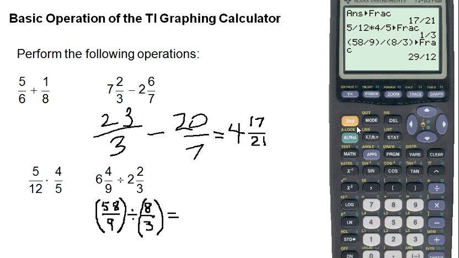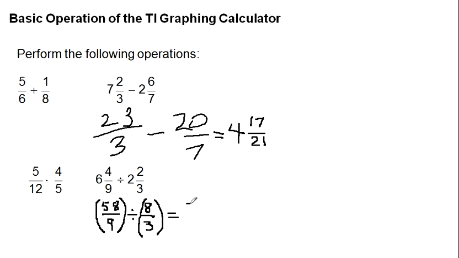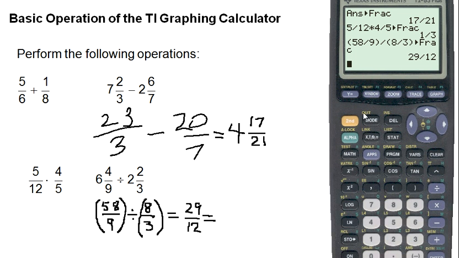Now you can either change that to a mixed number in your mind. I'll put it down first: 29 over 12. I'll do it on the calculator just to reinforce what we saw a minute ago. Let's change it to a decimal first. Excuse me, let me clear that.